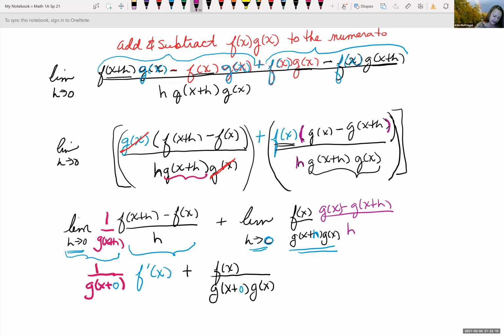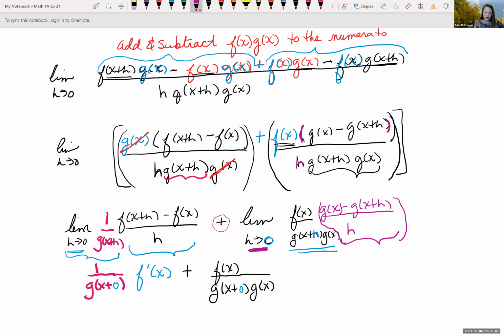Well, this limit as h goes to 0 of g of x minus g of x plus h, I was a little worried because of this minus sign in between, but now I notice that's not exactly the derivative rule. I want g of x plus h minus g of x, and I have here g of x minus g of x plus h.